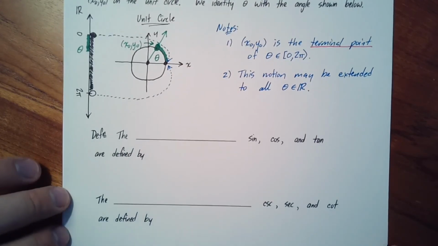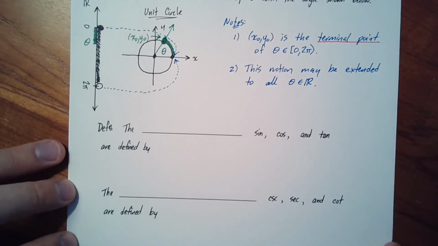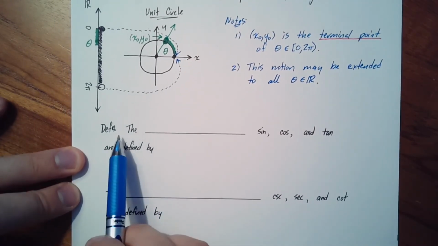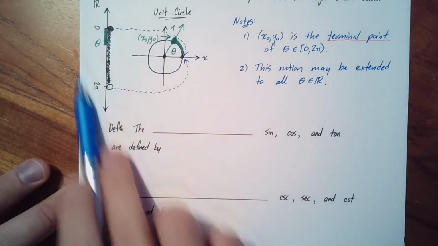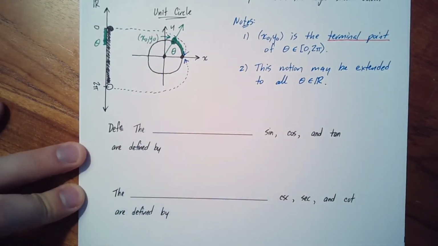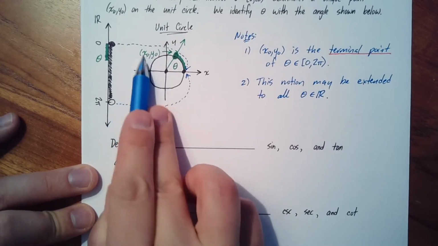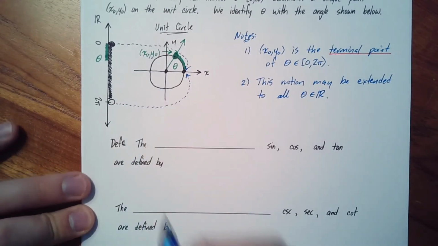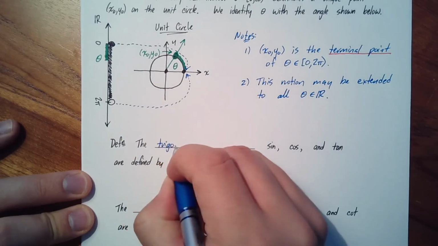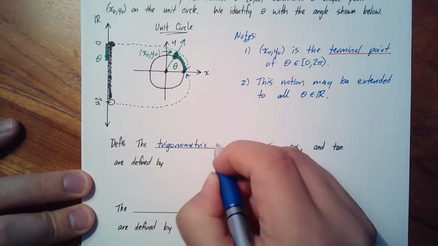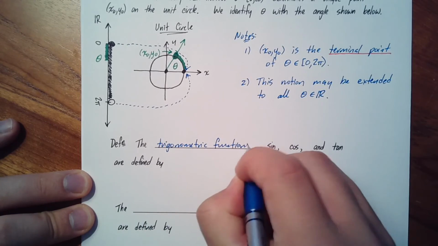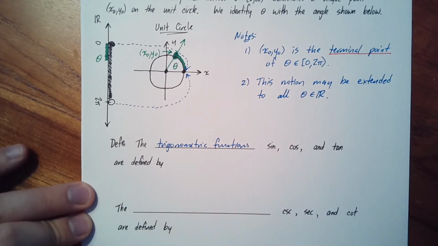Okay, so that is how we can define the trigonometric functions. So that's what we're going to do now. Finally, we can write down the definitions. Once you understand this picture, the definitions of the trig functions are straightforward. It's just a matter of picking off the appropriate coordinates of the terminal point. So the trigonometric functions sine, cosine, and tan are defined as follows.